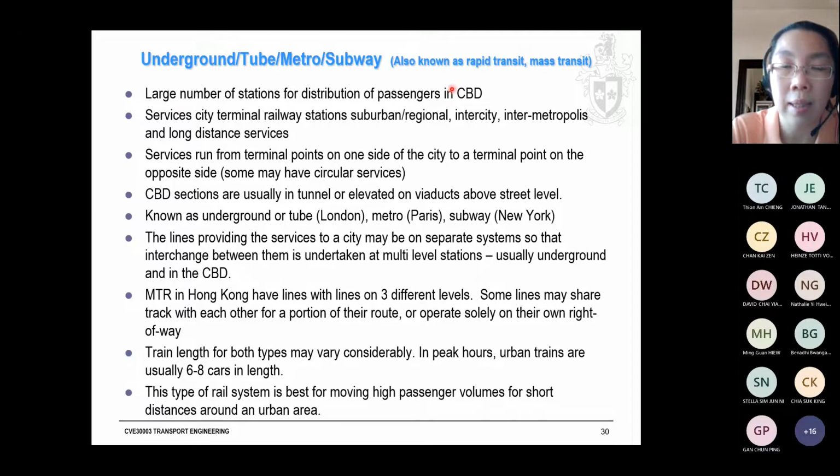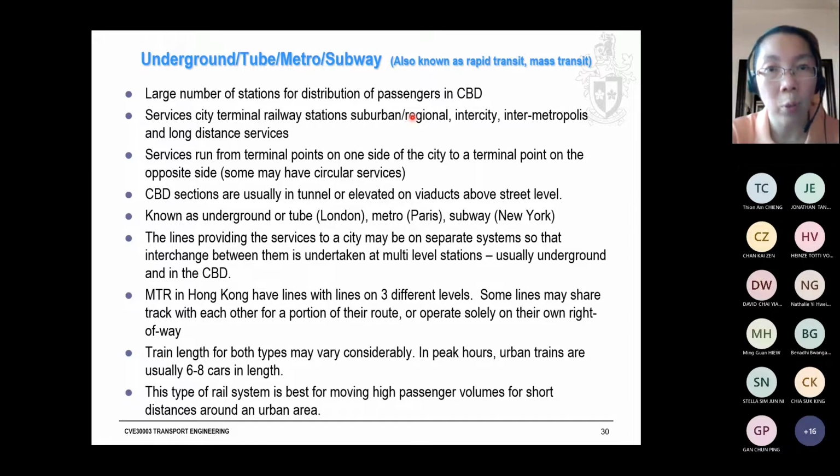So this is, like I said just now, used for very short distances, and usually it is in a very busy central business district area, in downtown areas. We do expect a lot of passengers, very densely populated areas. Then it is good to use underground or tube rapid transit.